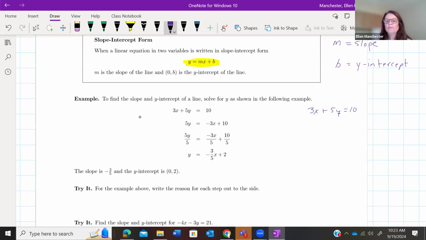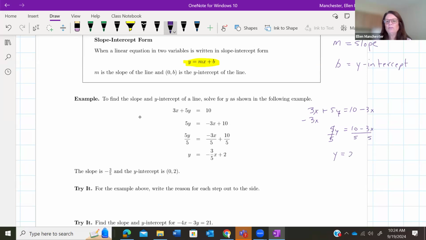Okay, so if I'm solving for y, I'm going to peel everything off. So I subtract 3x, and I get 5y equals 10 minus 3x. So this is that two-step equation. So again, we're trying to get rid of everything around the y. So I end up with y equals, and then I simplify.